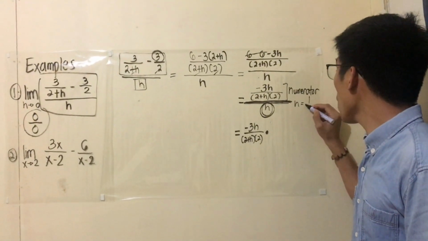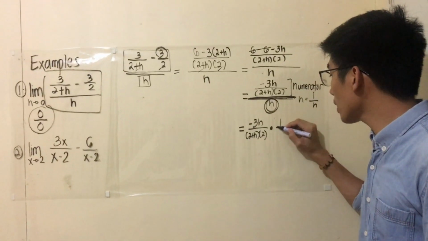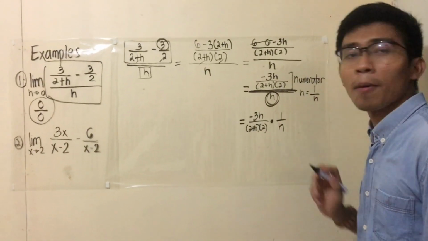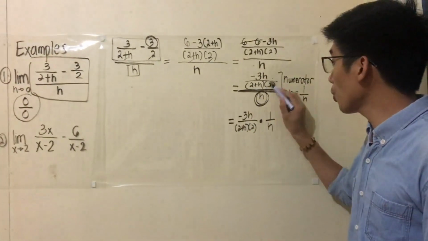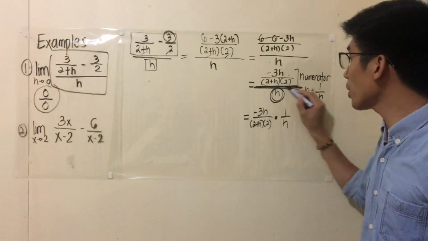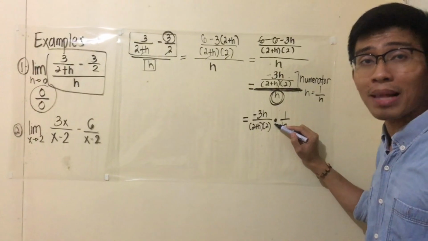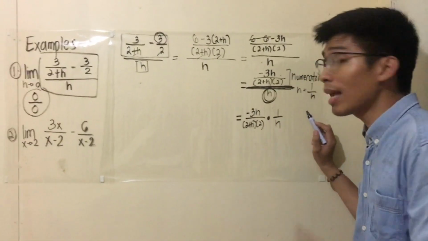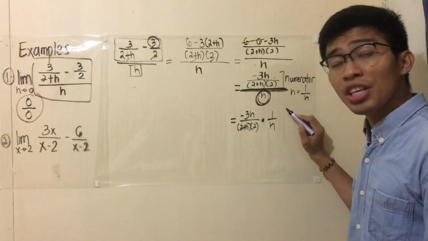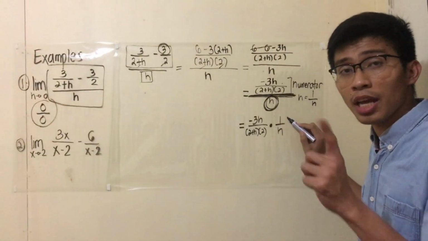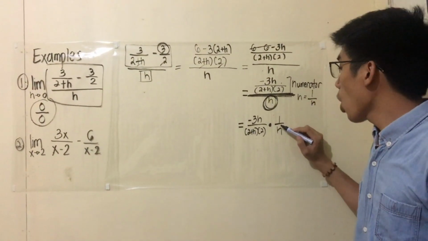That is 1 over h. So again, you copy your numerator, you change your division sign into a multiplication sign represented by a dot, and you get the reciprocal of your denominator. Your denominator is h, so the reciprocal is 1 over h.